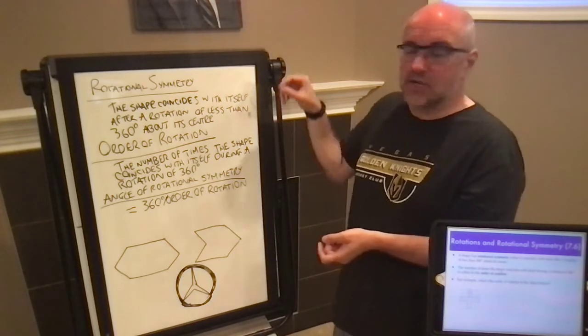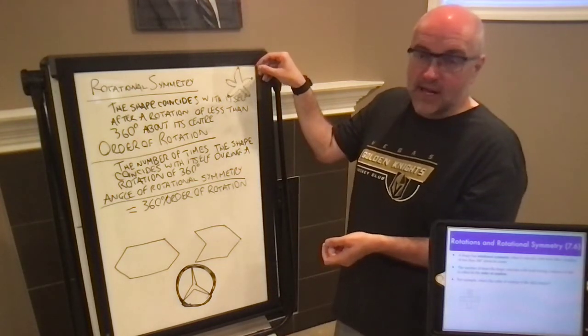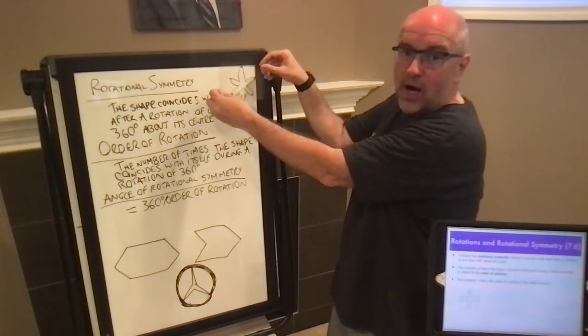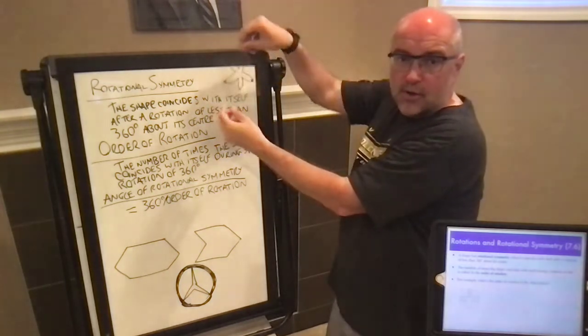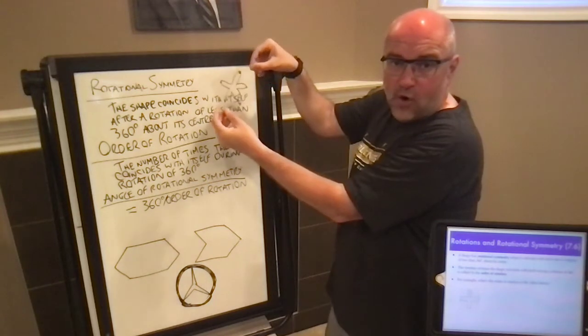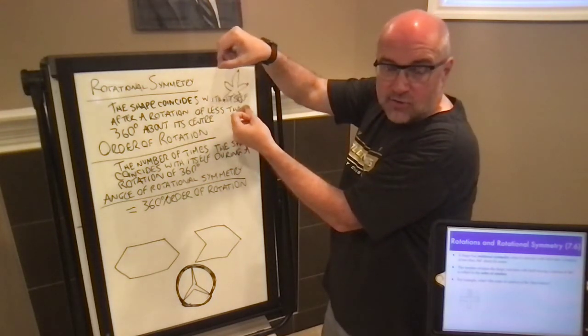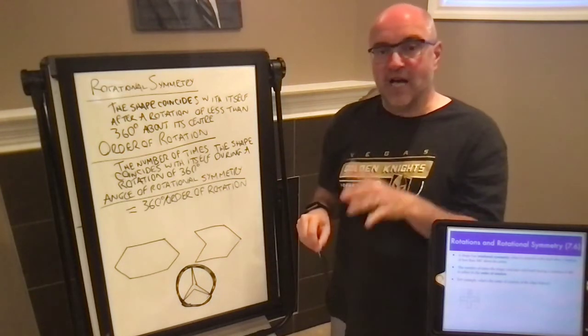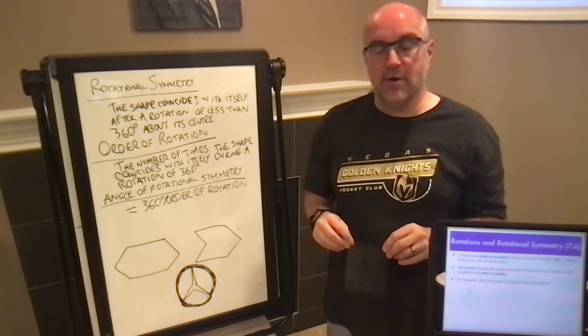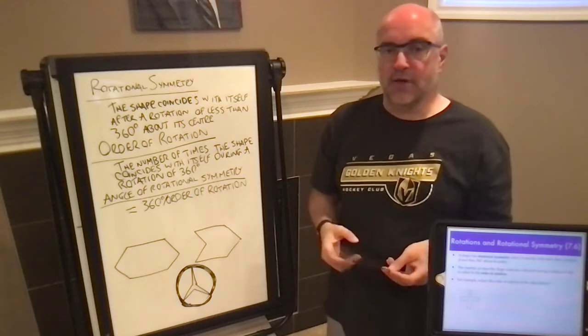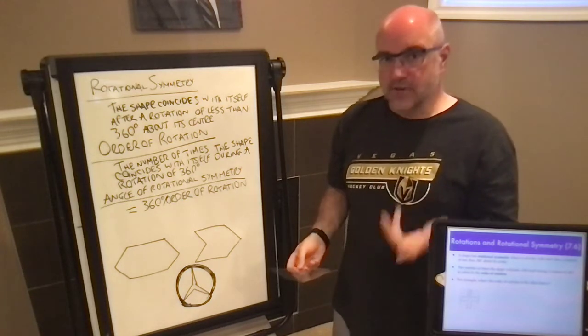The order of rotation of the starfish is 5 because it coincides on itself 1, 2, 3, 4, and going back to the original, there's my 5th. So there are 5 times that the starfish will coincide with itself during a 360 degree rotation.